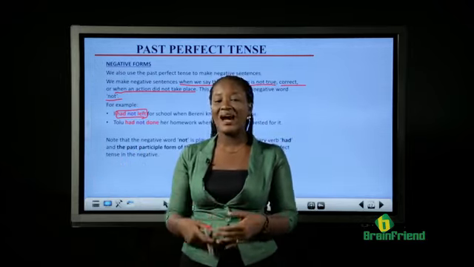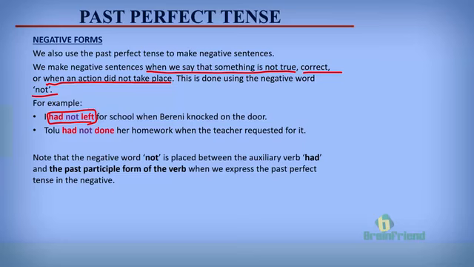But before then, we have the negative word not, as we can see here. Tolu had not done her homework when the teacher requested for it. The same thing applies here. We find the auxiliary verb had. We also find the past participle of this verb, which is done. And then we find the negative word not, which makes these two sentences negative sentences.